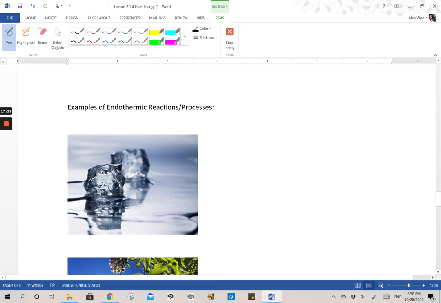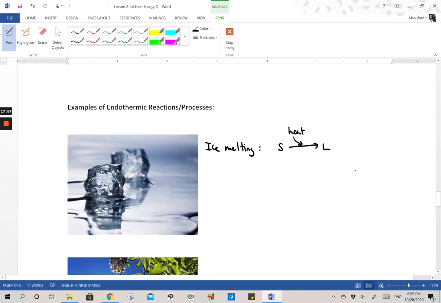Moving on to endothermic. Most of these particular reactions, when you're touching the object, should feel cold. Okay, and the first example here is a no-brainer. So when we actually look at ice melting, ice melting is basically a solid turning into a liquid, and it requires the addition of heat.